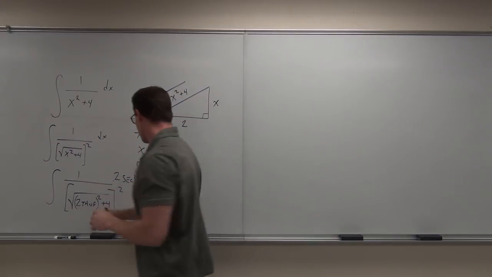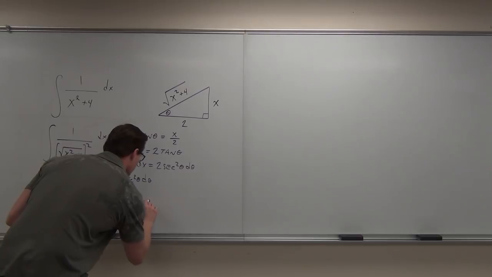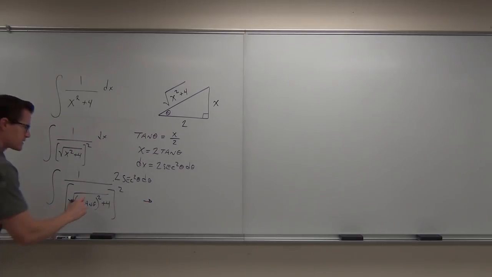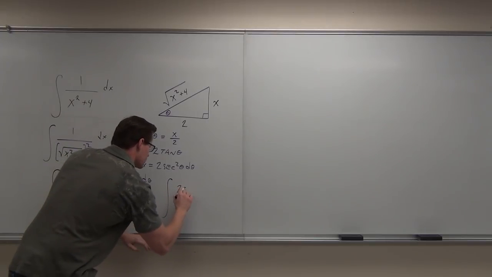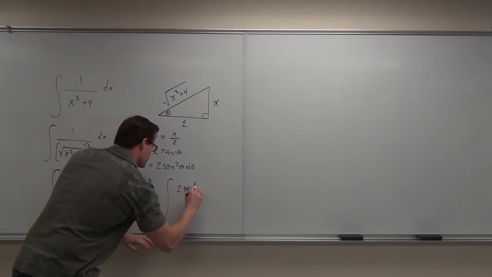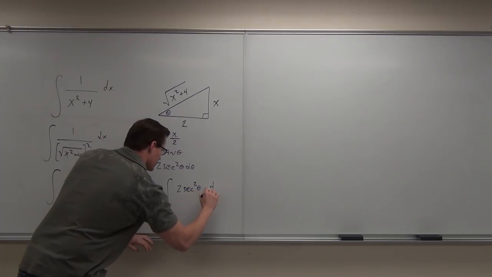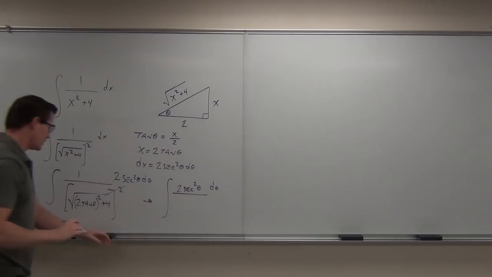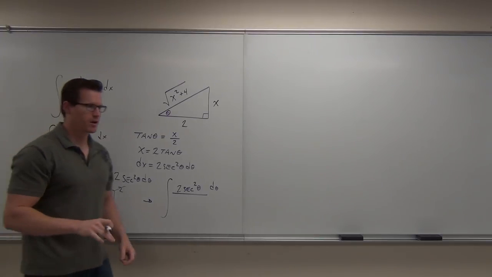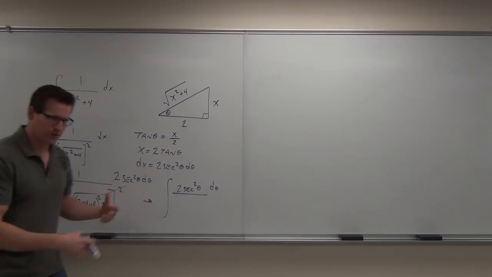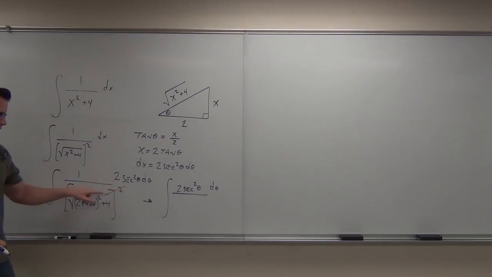So in either case, what we end up getting, and I know that I did this earlier in class, but we'll do it again. We get 2 secant squared theta d theta over what happens here is we're going to get, I'm going to do a lot of math in my head right now, just so you, hopefully you're with me here. The square and the square root are gone.